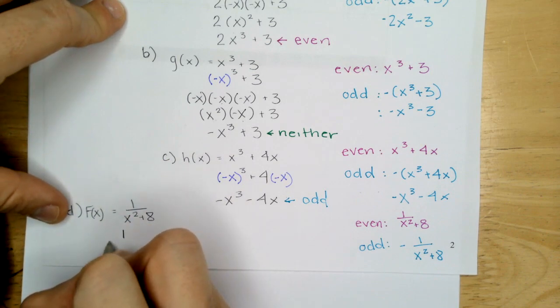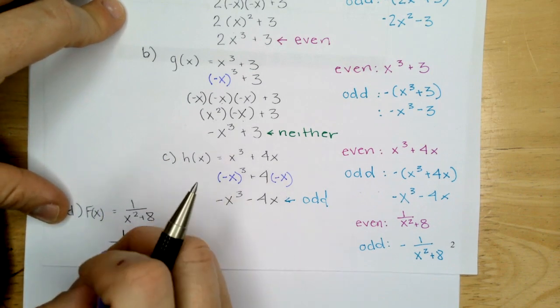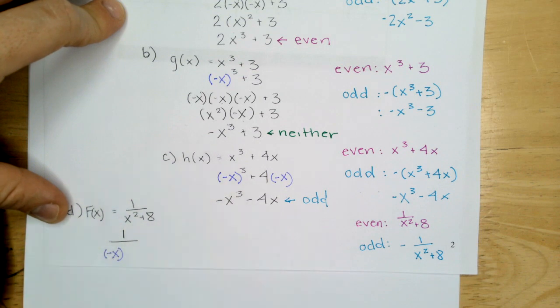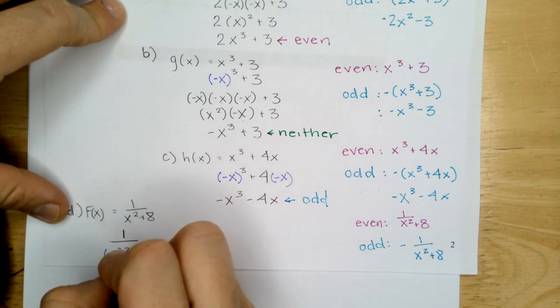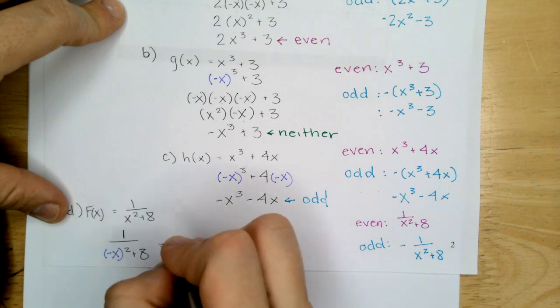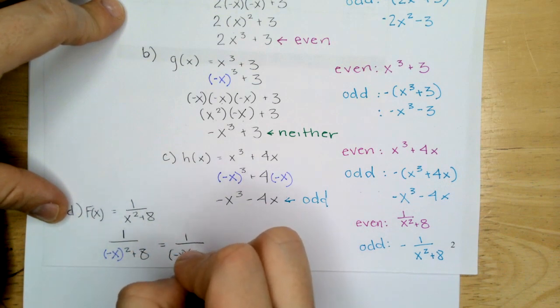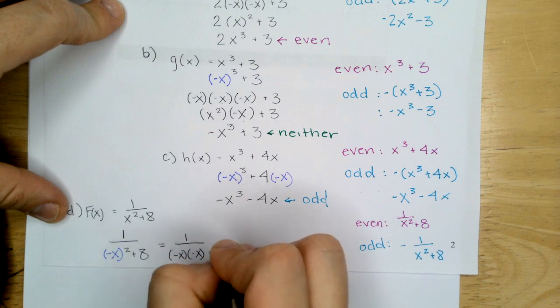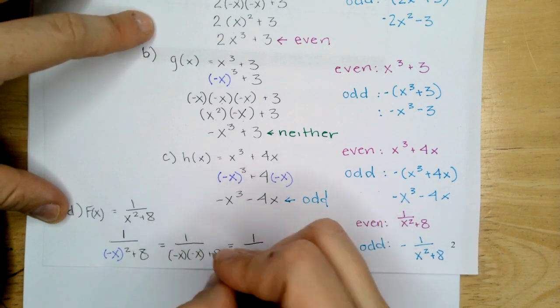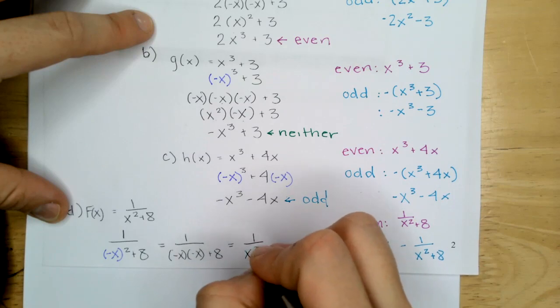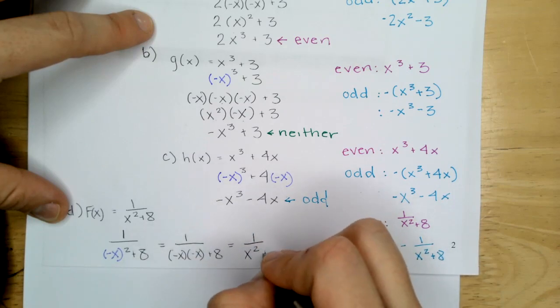All right, so let's write this again with a negative x. 1 over negative x squared plus 8. Negative x squared is just negative x times negative x. Negative x times a negative x is a positive x squared because a negative times a negative becomes a positive.